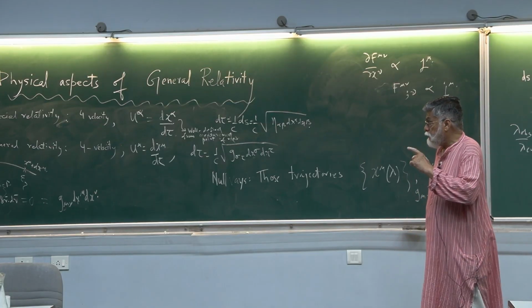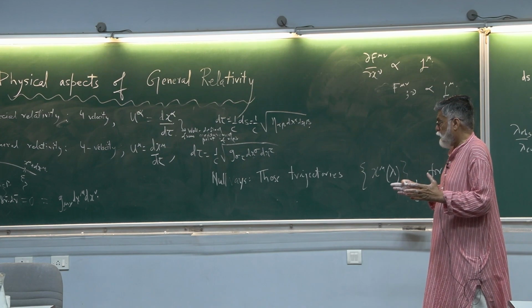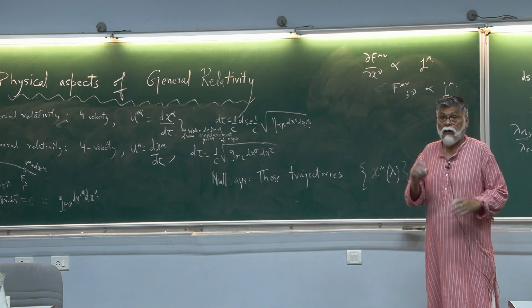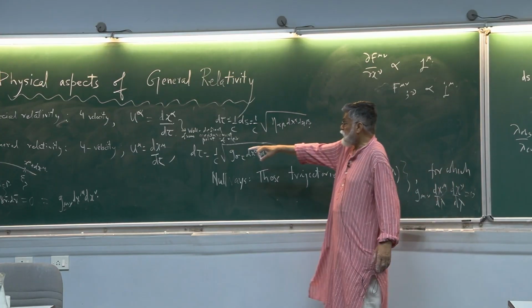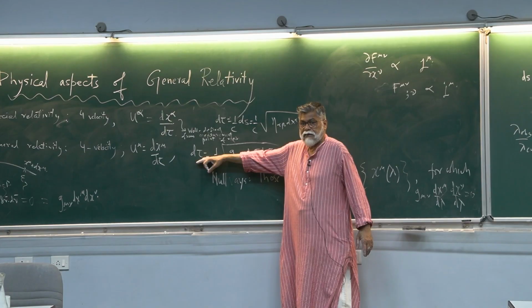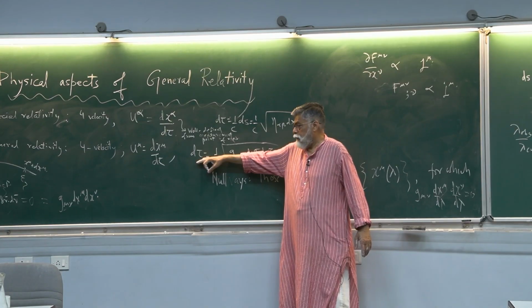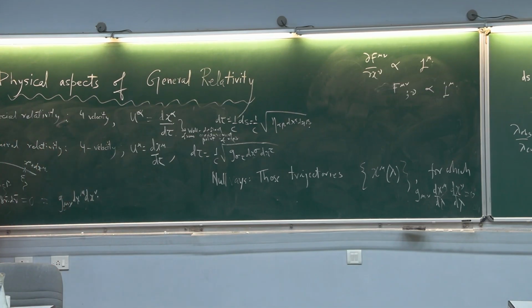The other thing is the causal structure. So here again, the 3-velocity of light, what happens to that? As I said, that notion of velocity is ill-defined in a general coordinate system. But yes, the 3-velocity is c, because this can also be recast as c. Then you can't say anything about velocity anymore.